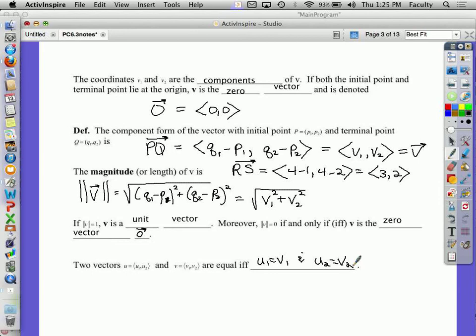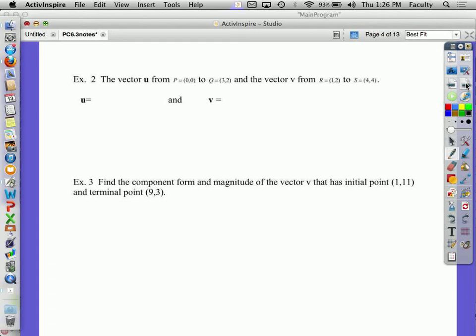So again, what I mentioned just a moment ago is that now we could have shown that u and v are equal using this component form, which I'm going to do right now. Vector u is from p to q. So that's 3 minus 0, comma, 2 minus 0. So that's 3, comma, 2.